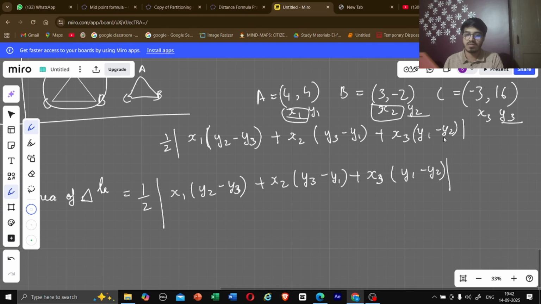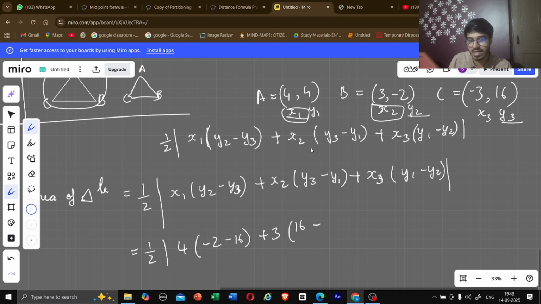So we'll solve this example. Half into modulus of: x1 is 4, y2 is minus 2 minus y3 which is 16, plus x2 which is 3, y3 is 16 minus y1, y1 is 4, plus x3 which is minus 3, y1 is 4 minus y2 which is minus 2.